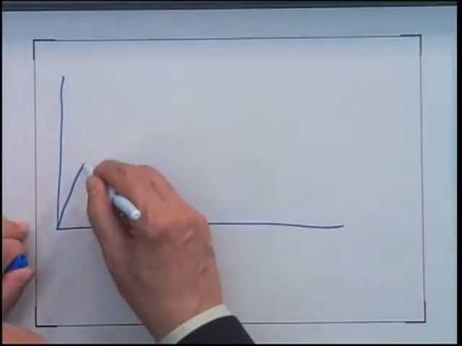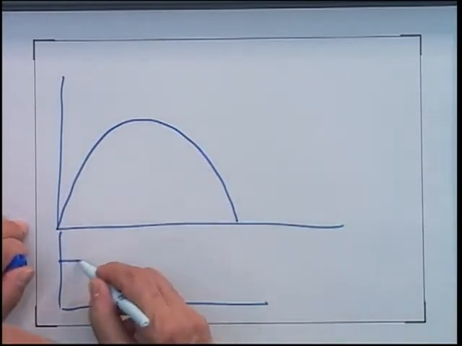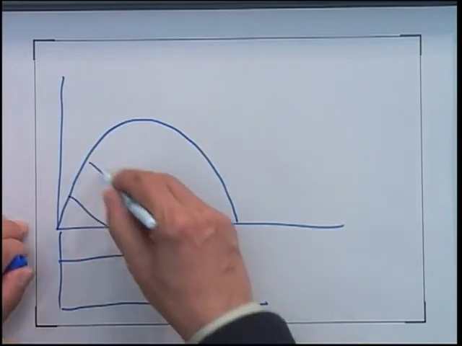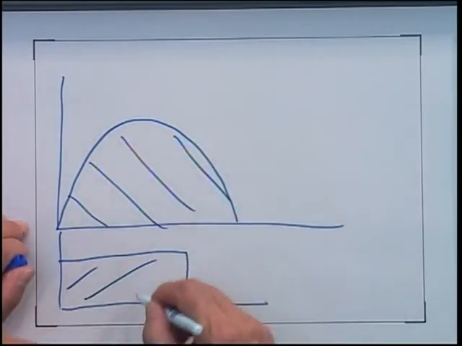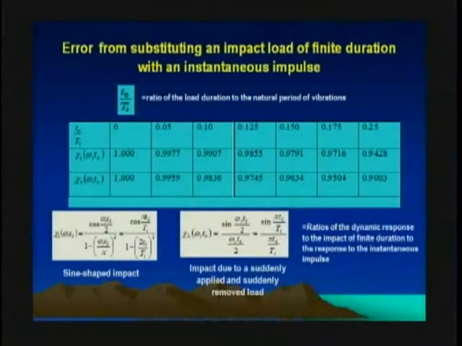One load is like this, and another load is like this. We can say probably that these two areas might be the same. And I examined these cases, and I examined the general case, as I mentioned a minute ago, the most complicated case, but you have to approach this system without applying an additional constraint that it is either an instantaneous impulse, you don't know that in advance, or static.